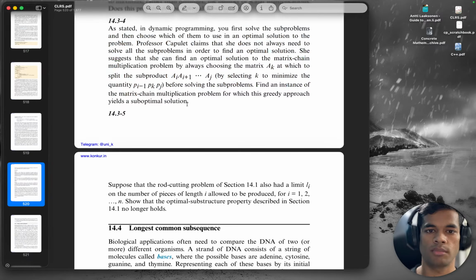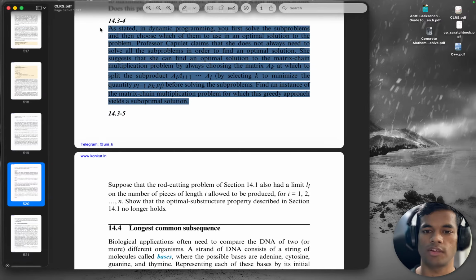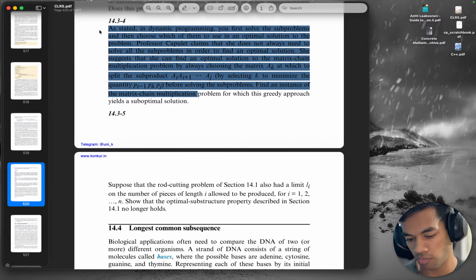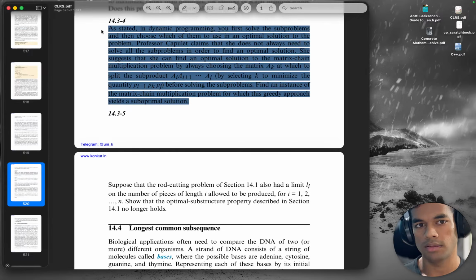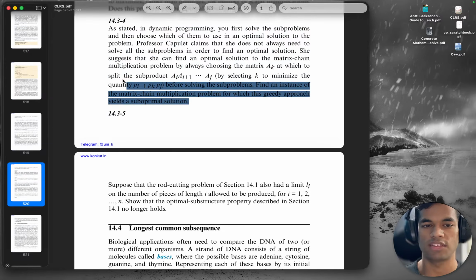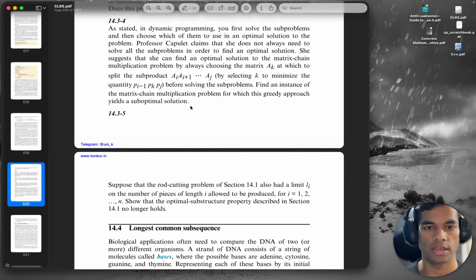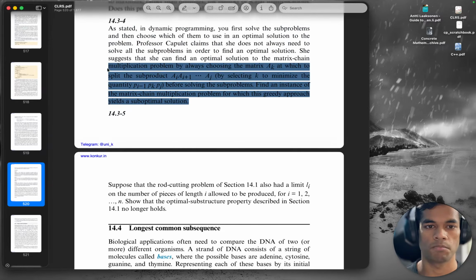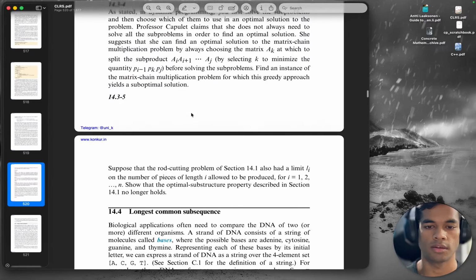The greedy algorithm does not work because we have n-1 choices and she cannot know beforehand where to split. And even if she is just pointing fingers and saying split the matrix chain at this point, it is not going to be optimal because she does not know which is the place where to split it.